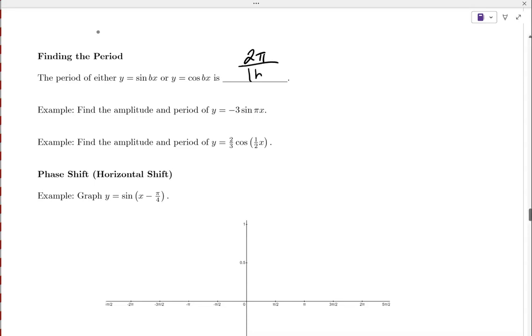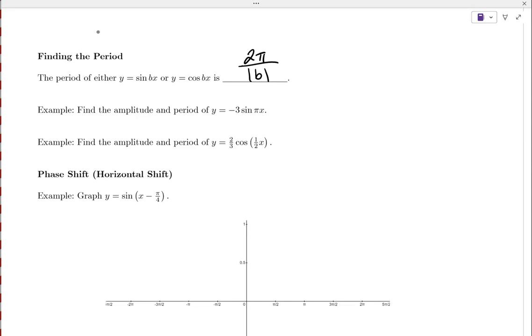And then much like what we did for the amplitude, if there's a negative, you'll divide by the absolute value of b. Usually we don't have to worry about that. There's properties of the sine and cosine function where we don't have to worry about the negative. We'll talk about that later. So let's do those quick 2 examples there at the end, and then we'll come back to this again on Friday.